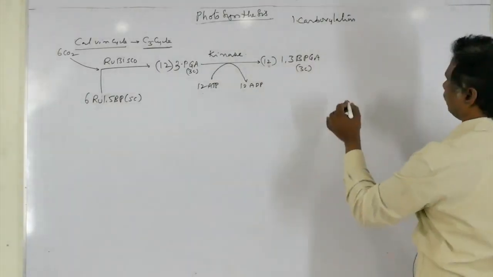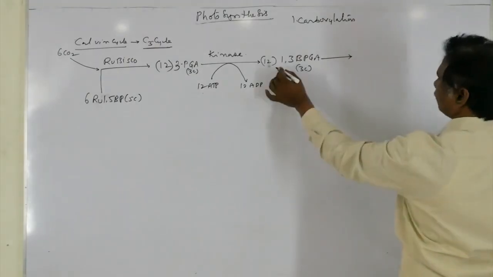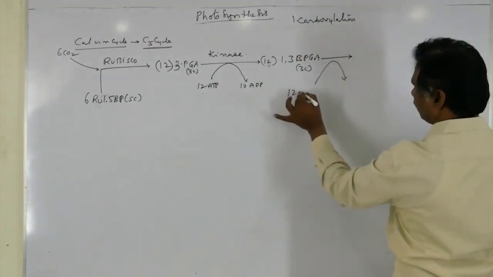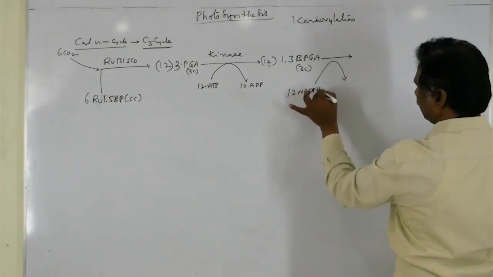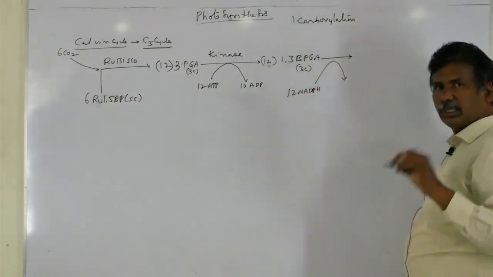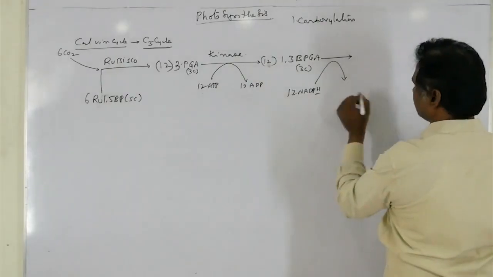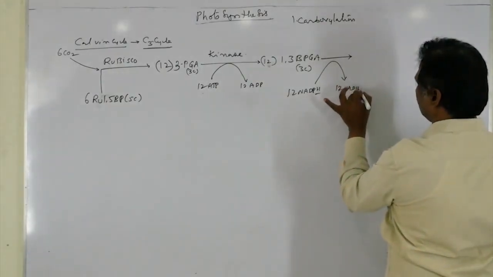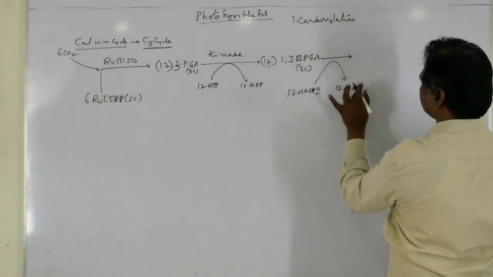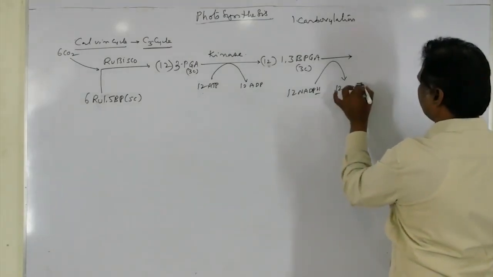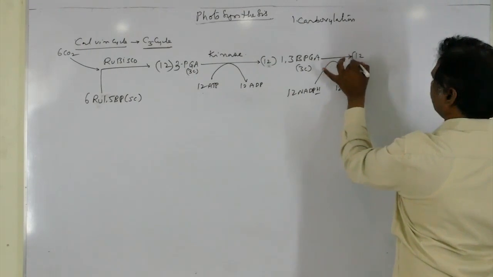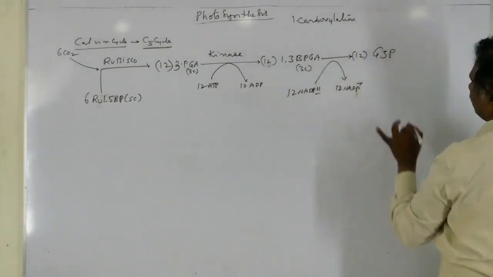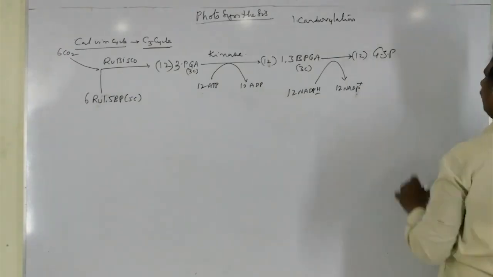In the next step, the reduction, 1,3-bisphosphoglyceric acid utilizes the 12 molecules of NADPH that were synthesized during the light reaction, and takes up the hydrogens. The NADPH is converted into 12 molecules of NADP plus, producing 12 molecules of G3P. G3P means glyceraldehyde 3-phosphate.